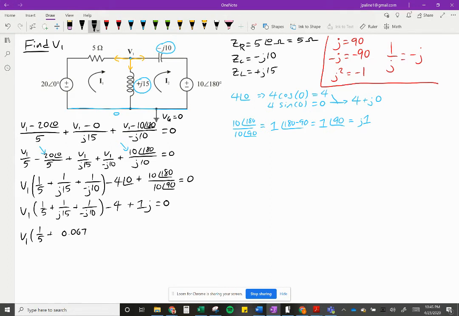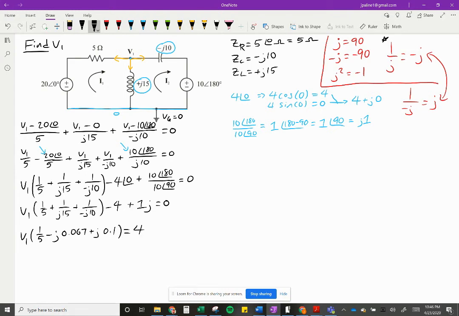Remember how we said 1 over J from up here: 1 over J is negative J, so we have 0.1 and negative J. And 1 over negative J would just equal J, so that'll be plus J. All that is this equation just rearranged.